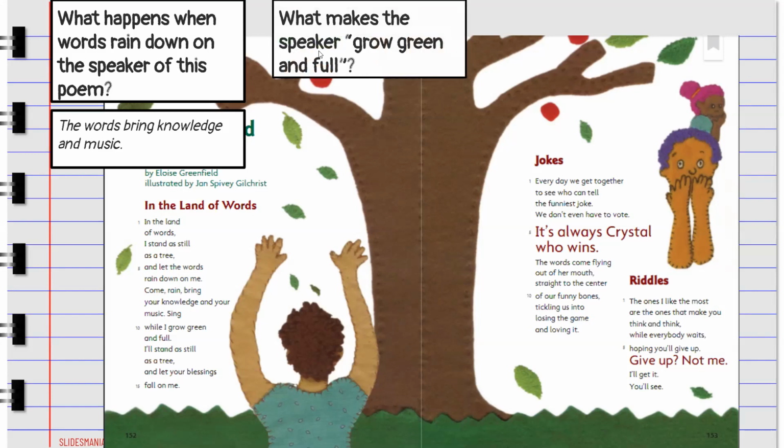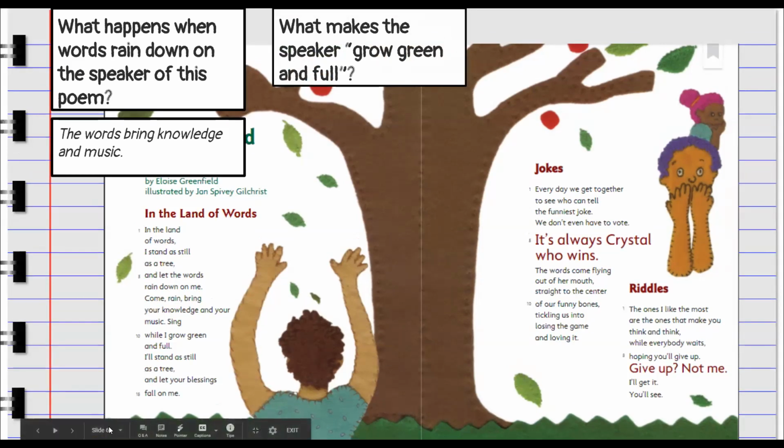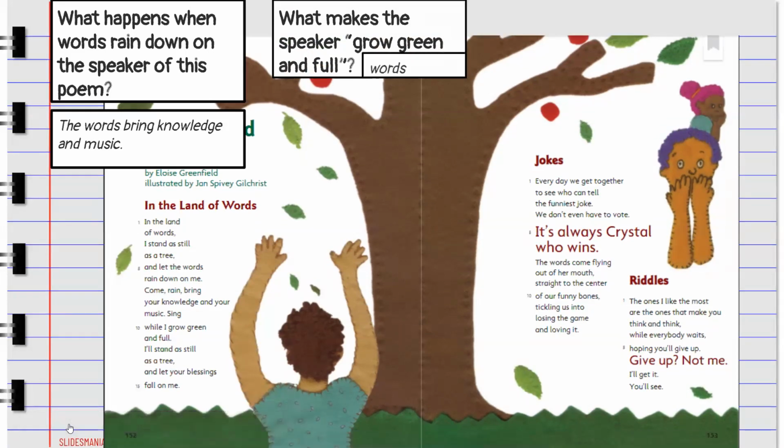says, what makes the speaker grow green and full? Words. It says, and while I grow green and full, I'll stand as still as a tree and let your blessings fall on me.